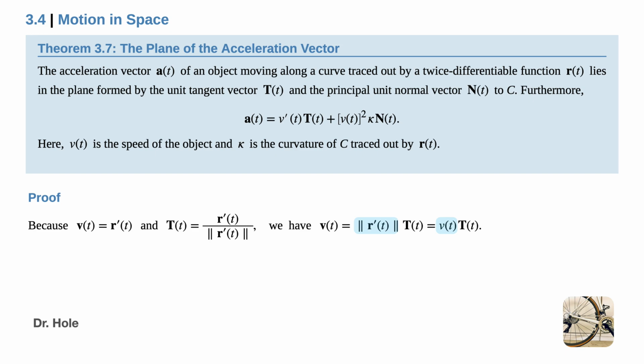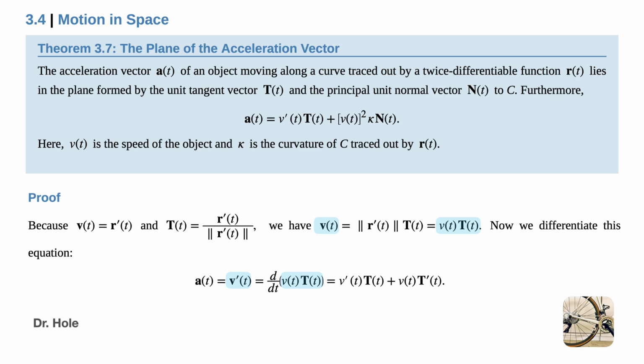Then look at the theorem that we're trying to establish. It is a theorem for acceleration, and we know that acceleration is a derivative on velocity. So we're going to take the derivative of the velocity vector, and we're going to use that it's speed scaling the unit tangent vector. So we go ahead and set that up. V prime vec will be d/dt on speed scaling the unit tangent.